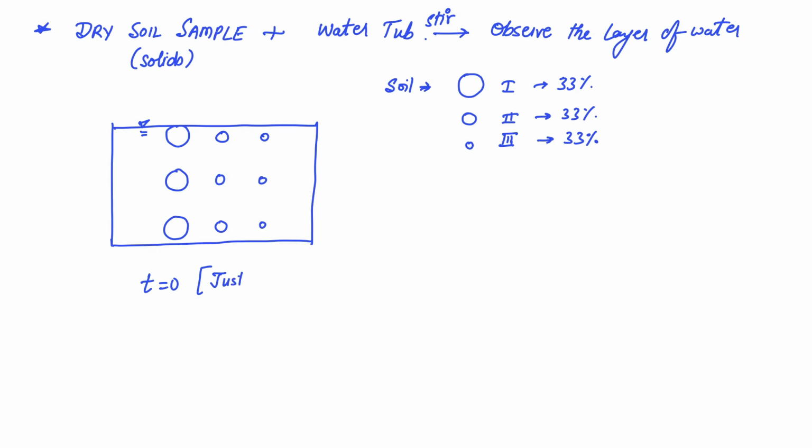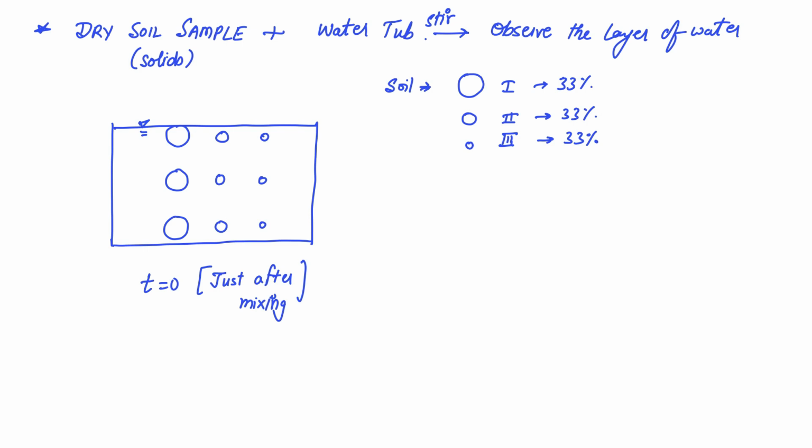It means just after mixing. Just after mixing, all the particles are present in the same proportion in which they are present in the soil, in all the layers of the water. As the soil has all these three in equal proportion, in each layer all these particles are present in equal proportion also, but that is for time t = 0.